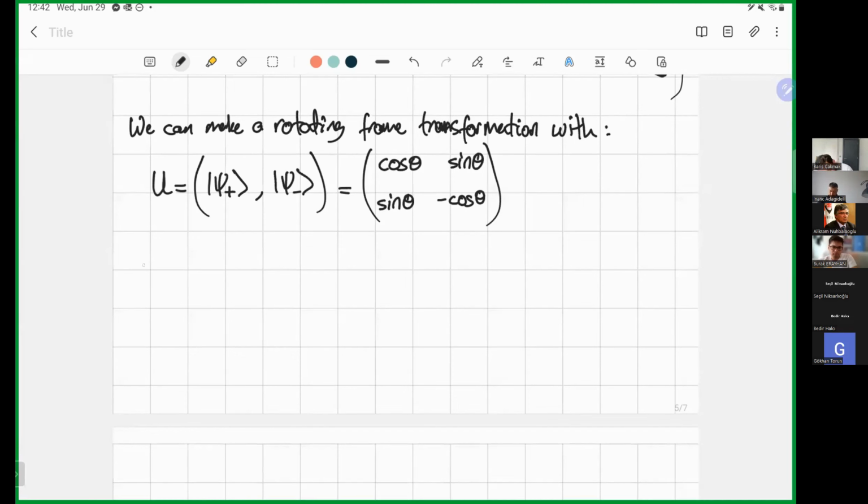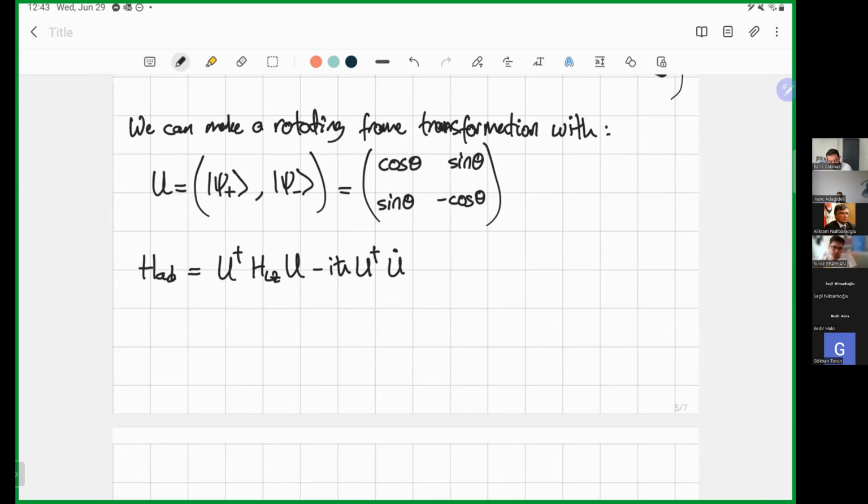Let's say that we can express this Hamiltonian in the adiabatic basis using the following transformation. I can take U dagger H_LZ U minus i h bar U dagger U dot. So this is basically the rotating frame transformation.